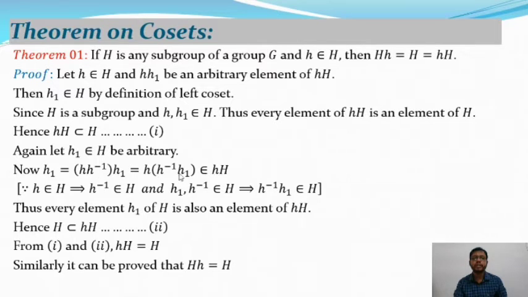So after applying it we get h into h inverse h1, where h belongs to capital H, and this implies h inverse also belongs to capital H, since H is a group and satisfies the inverse property as well. So if small h belongs to capital H, then h inverse also belongs to H. Then h1, h inverse belong to H. This implies h inverse into h1 belongs to capital H.